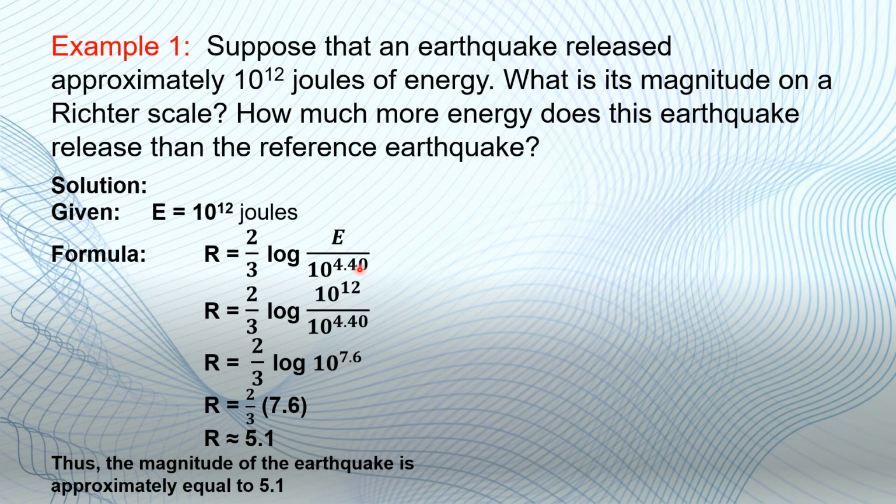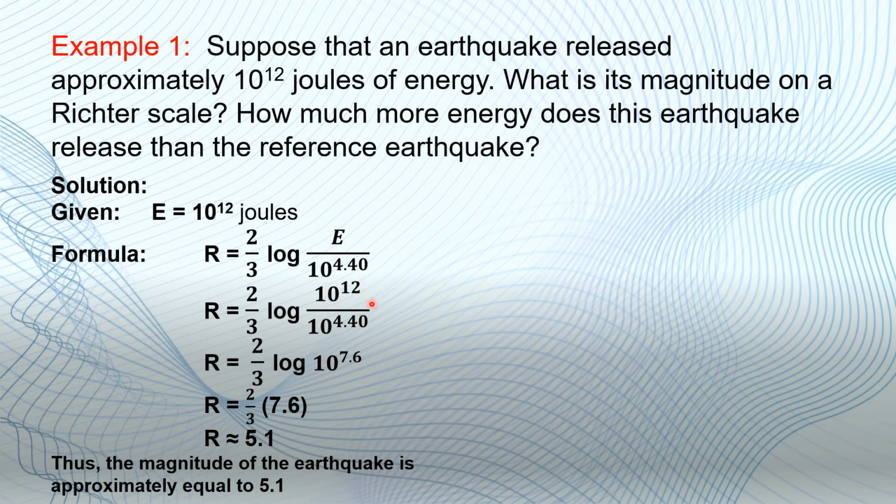To solve for R, just substitute the value of E in the formula. So our E becomes 10 raised to 12. Then copy 2/3 logarithm of 10 raised to 12 over 10 raised to 4.40. Dividing these two, just copy the base which is 10 and subtract the exponents.